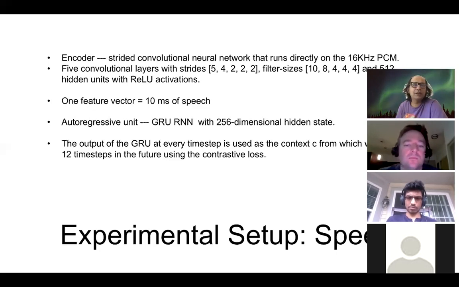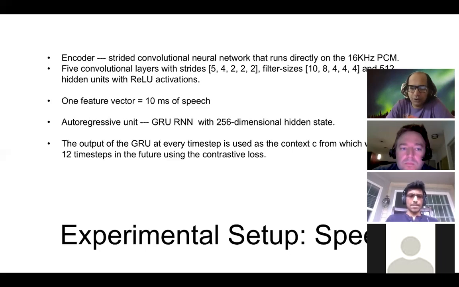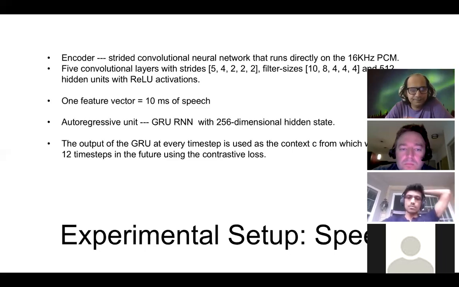But it can be varied over different experiments. It is not fixed that 12 time steps is to be used. They have shown that using different time steps for prediction may result in different results, and they have shown these in their experimental results. We'll see.